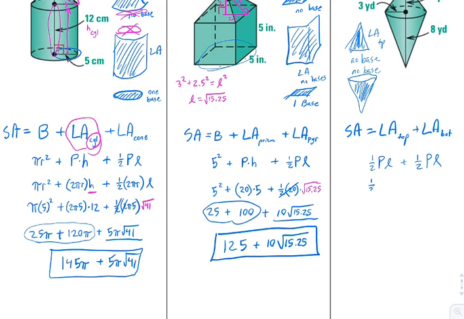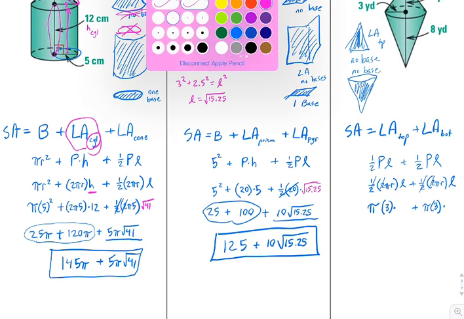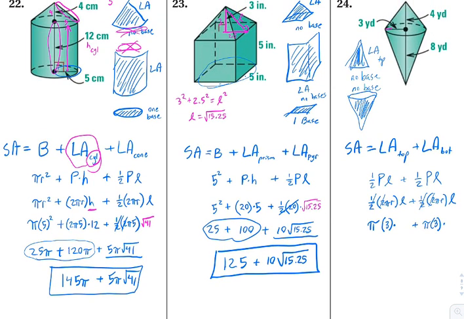Okay, so 1/2, and the radius for both is the same, so 2 pi r L plus 1/2 2 pi r L. Now, of course, the 1/2 and the 2 cancel in both of these, so I get pi times a radius of 3 times a slant height, plus pi times a radius of 3 times a different slant height. So let's see what we get for slant heights. On the top one, we get a 3, 4, 5 triangle. So this is a 5 slant height.